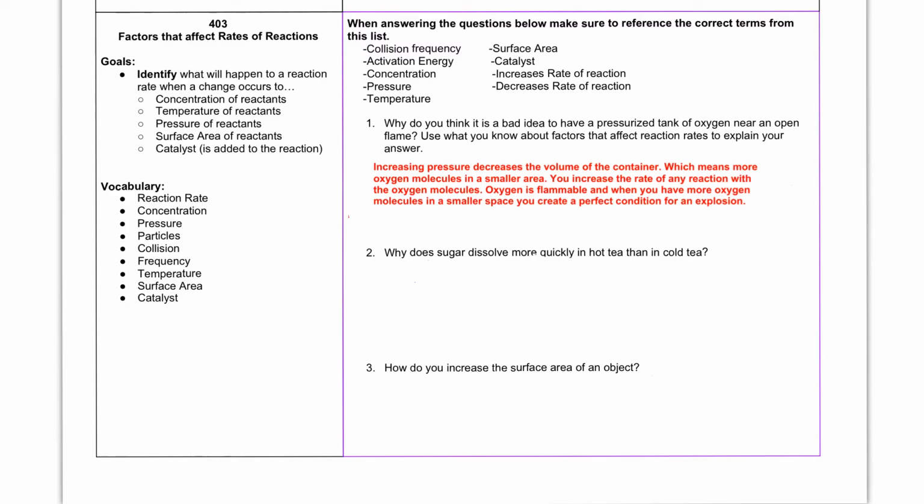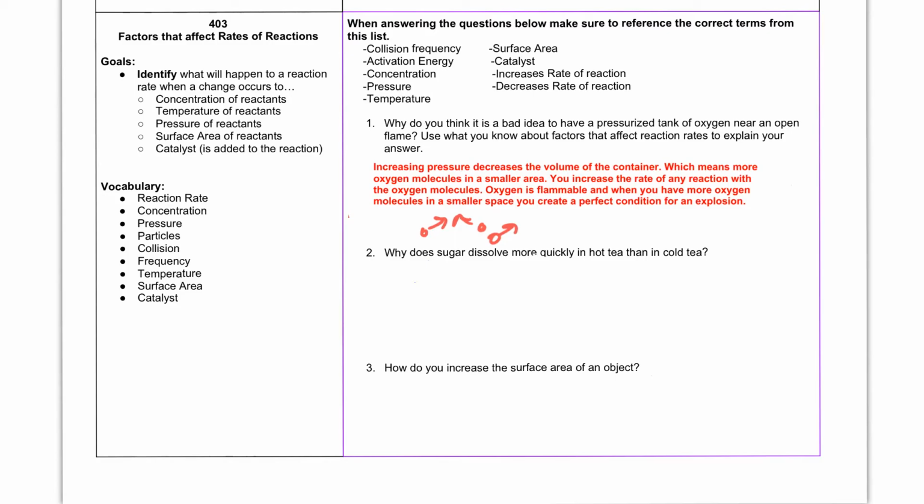So when you have a tank, and then you also introduce a second factor that increases reaction rate, so we increase the temperature, we're increasing the speed of the oxygen molecules, and we introduce it to flame.